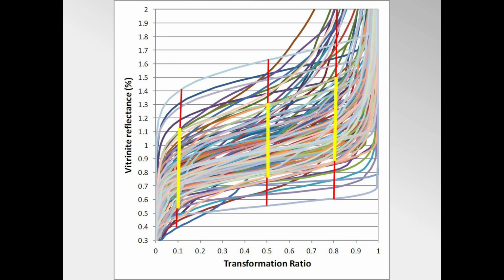However, the variation of most of the samples falling within the boundaries of the yellow line is more like the range that we saw in the example published by Waples and Martzi, which is about 0.5% Ro.